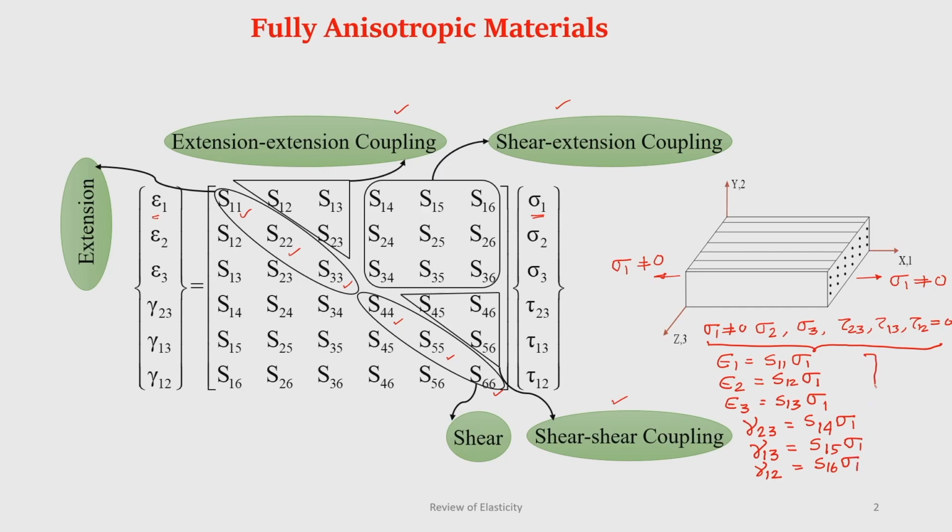That means, all the strain components are there, but we have applied only one stress component, that too normal stress along direction 1. But that led to, as a result of sigma 1, all the 6 components being present. That is why it is fully anisotropic. That means, even if you apply a simple normal tensile stress in one direction, that will lead to tensile strain in that direction.